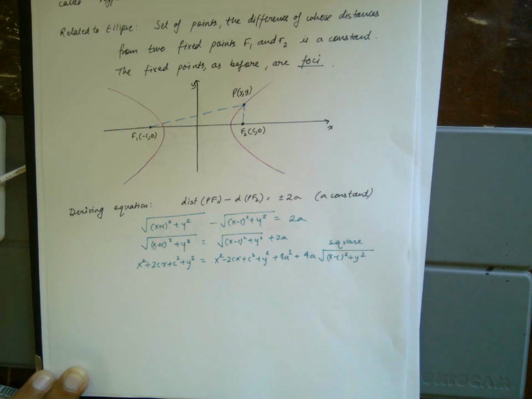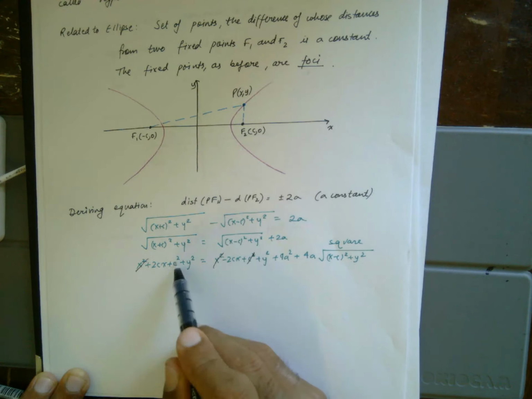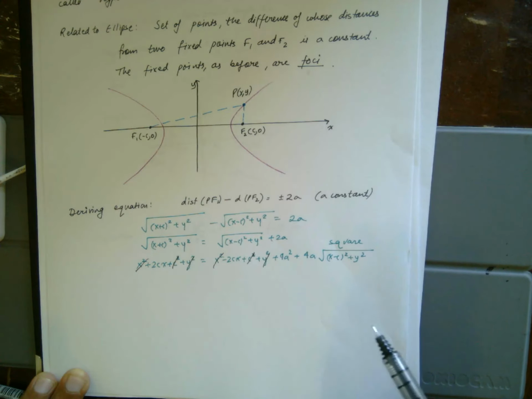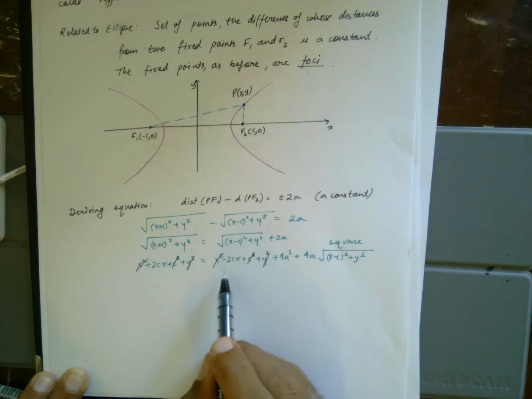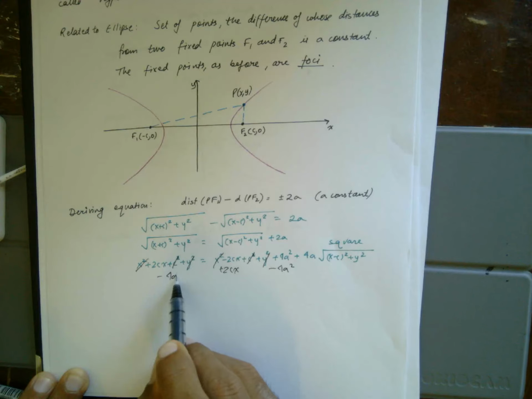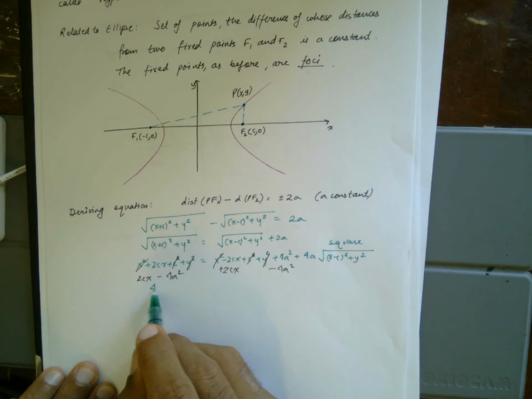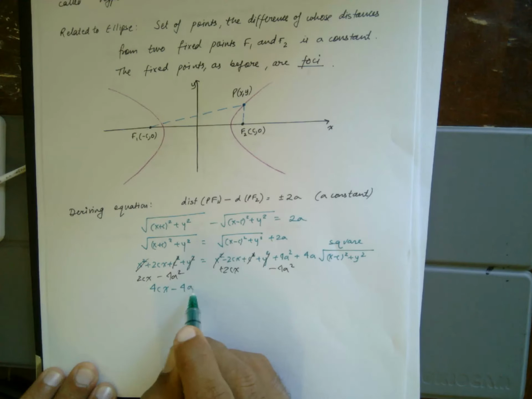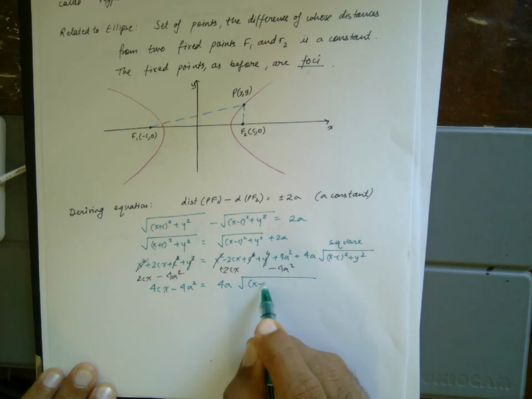And just as with the ellipse, we can cancel stuff: x squared minus x squared is 0, c squared minus c squared, y squared minus y squared. Once again, I take this, I add this 2cx and I subtract this a squared. So I end up with 4cx minus 4a squared is 4a times the square root of all of this.